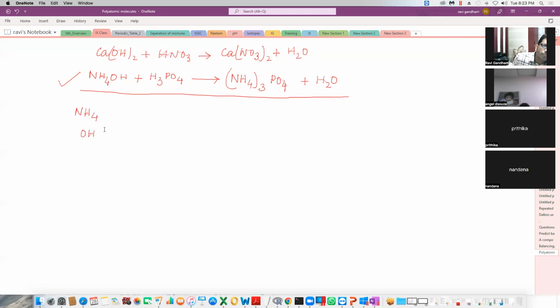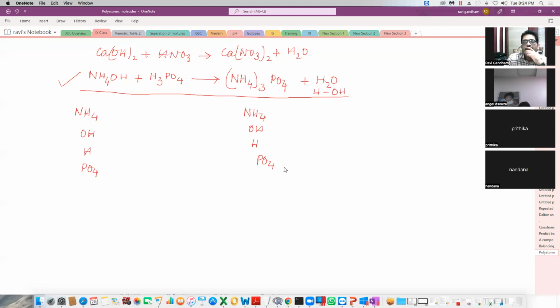I'm just writing the polyatomic ions here and the atoms that are there. Here, again, water, I'm going to split as H and OH. So here you're going to have NH4, OH is anyways there, H is anyways there, and you have a PO4. So this is the first thing that you'll have to do.